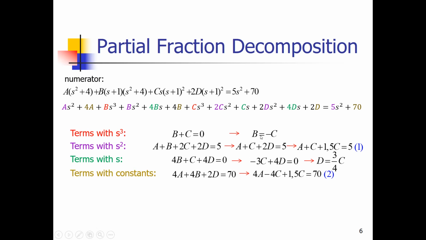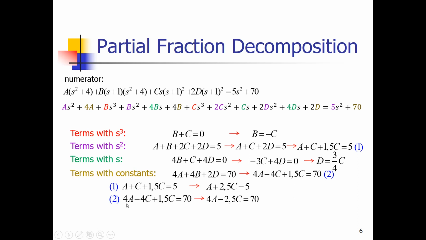Well, we can replace b with minus c over here, and we can replace d with this expression 3 over 4 times c over here, and then we get 4 times a minus 4 times c plus 1.5 times c is equal to 70. And let's call that equation number 2. So we now have two equations with two unknown values. Number 1 says a plus c plus 1.5 times c, so a plus 2.5 times c equals 5.